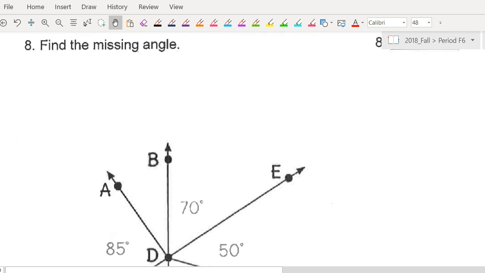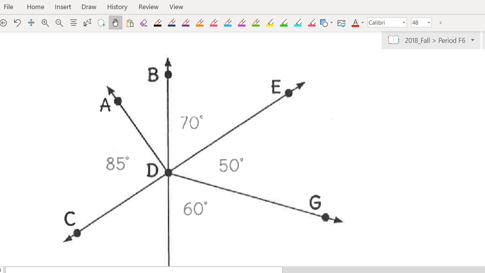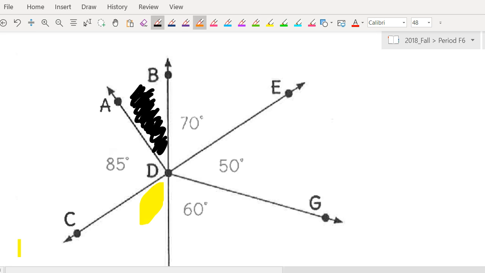All right, find the missing angle. Where is the missing angle? It's 85. This is vertical, right? If it's across from the other one and we've got straight lines, then it's vertical.